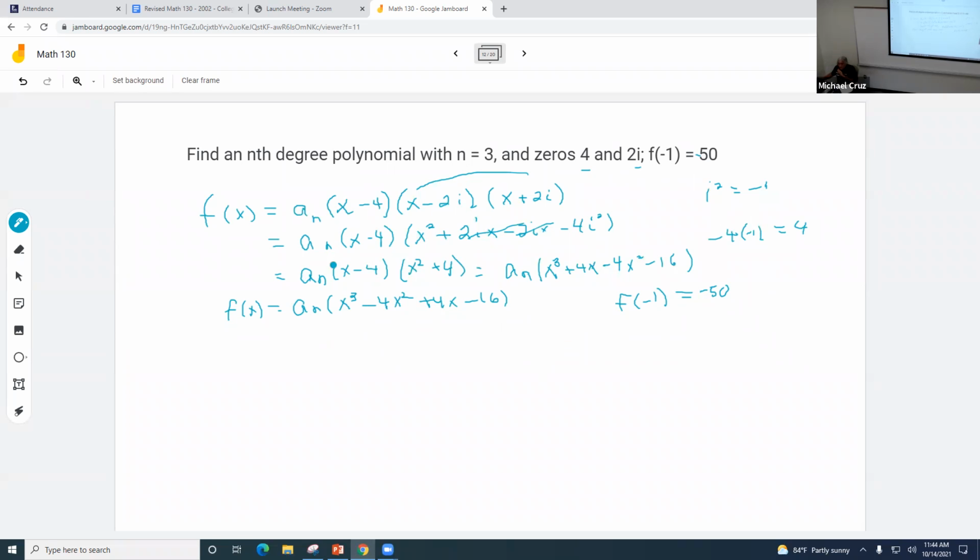In other words, the whole thing here is -50. Oh, you didn't put the negative, okay. It's -50. All right, and it was -1, so we're going to replace all the x's with -1 and then evaluate it.